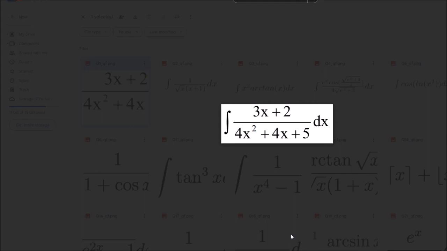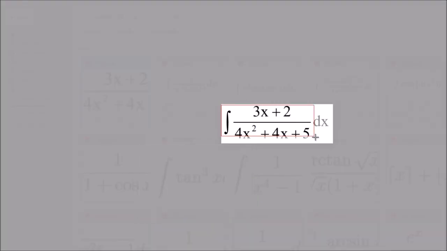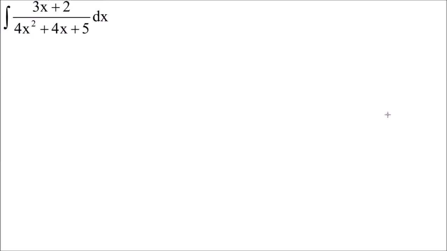That looks like... I don't want to do partial fractions, but... Here, I'll just go like this. Okay. So, here, first of all, I want u to be this.